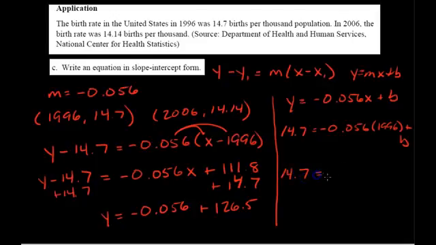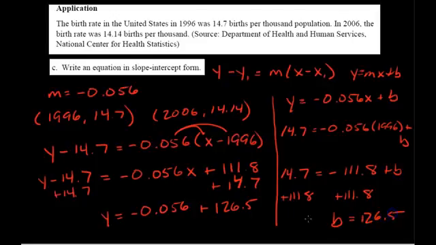14.7 is equal to negative 111.8 plus b. Add 111.8 to both sides, and we get b is equal to 126.5, which is that right there, right?